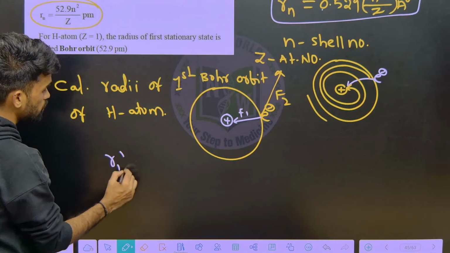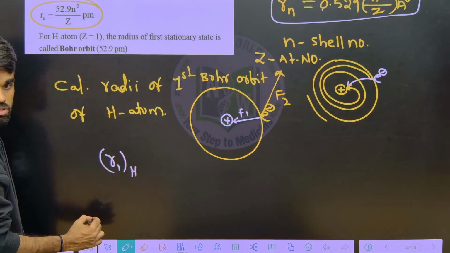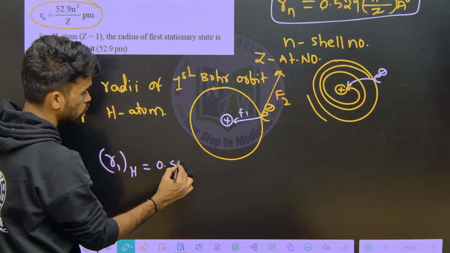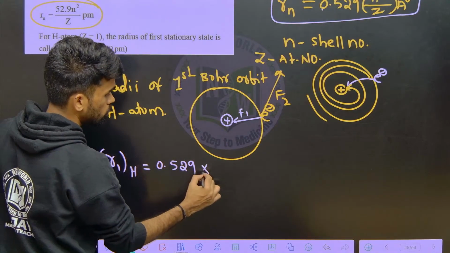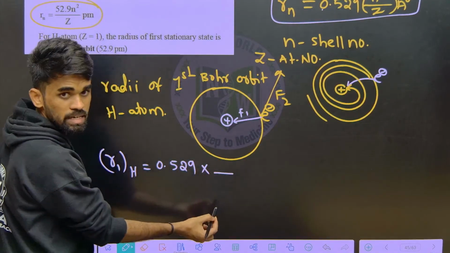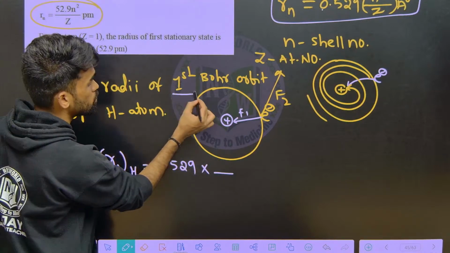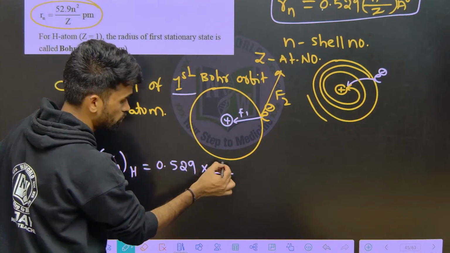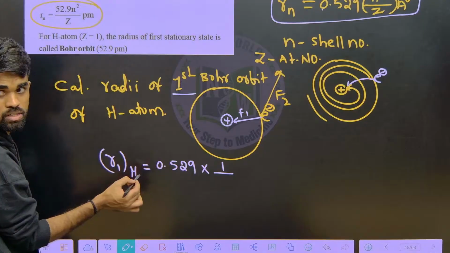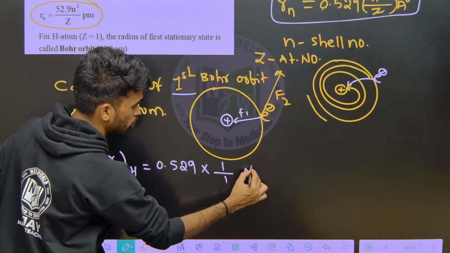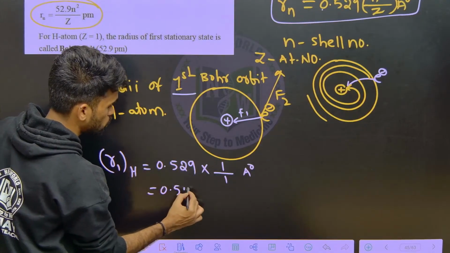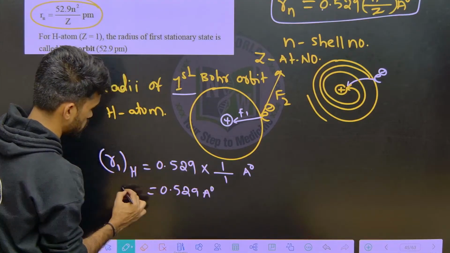So R1 of hydrogen I am asking. What will you do? 0.529 into n square by Z. What is our n value? First Bohr orbit, n value is 1. Z, the atomic number of hydrogen, is 1. Both are 1. So you will get 0.529 angstroms as your answer.